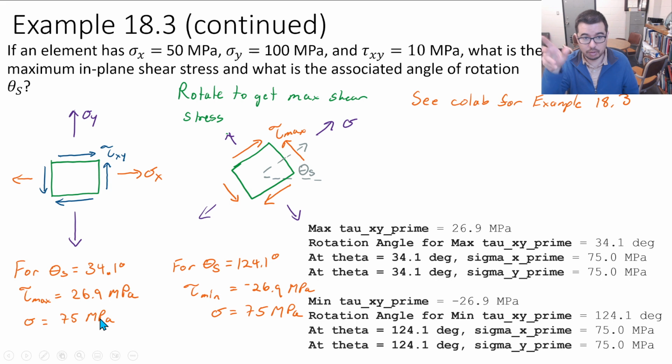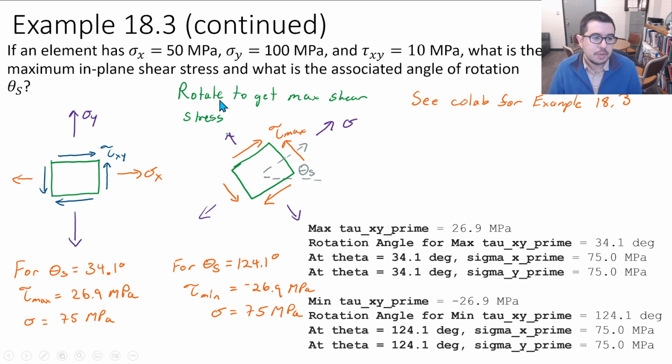At any orientation the average is that, but this is where they're the same and they equal that average. If we go to 124.1 degrees, we find a minimum shear stress at minus 27 megapascals, and then we again have the same average normal stress at this location.